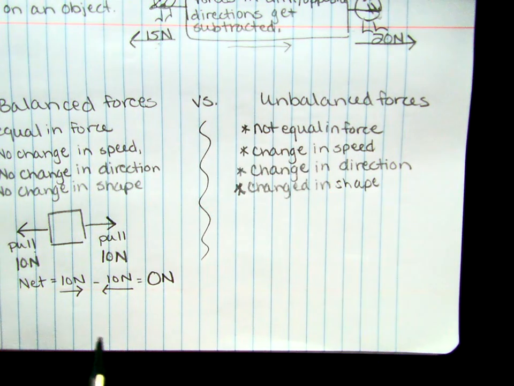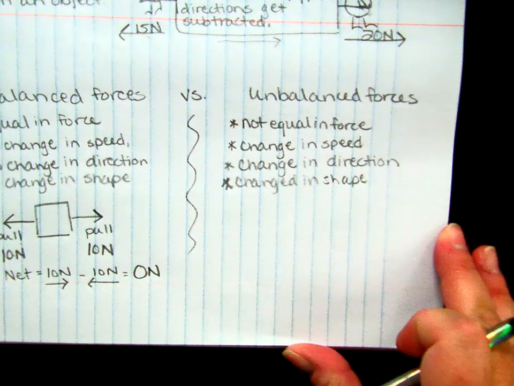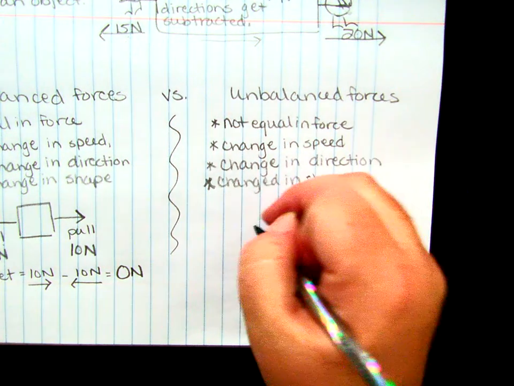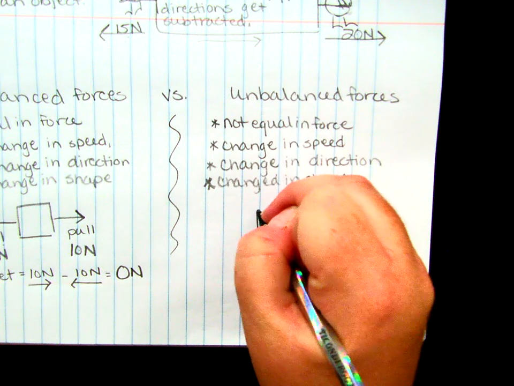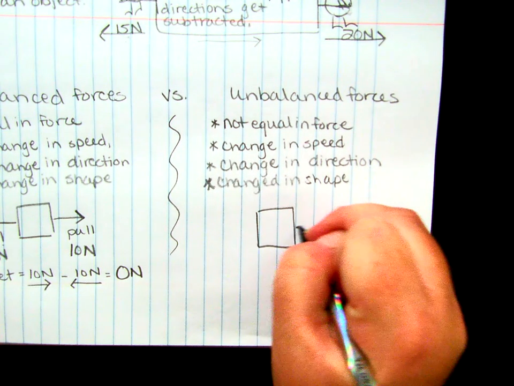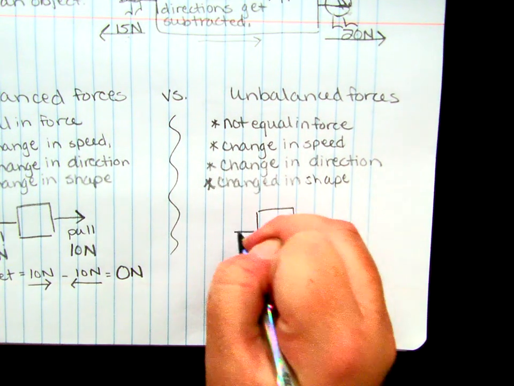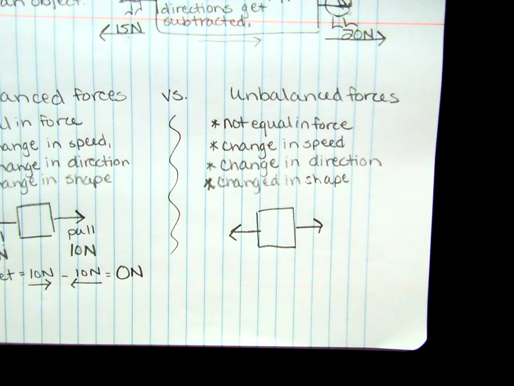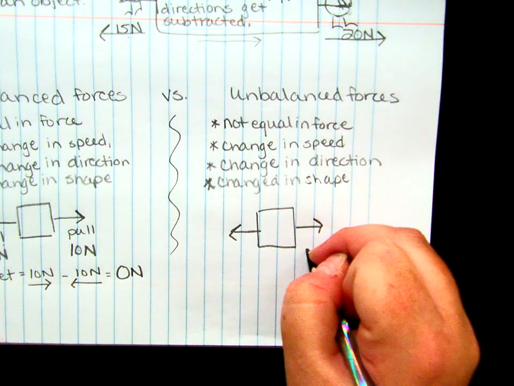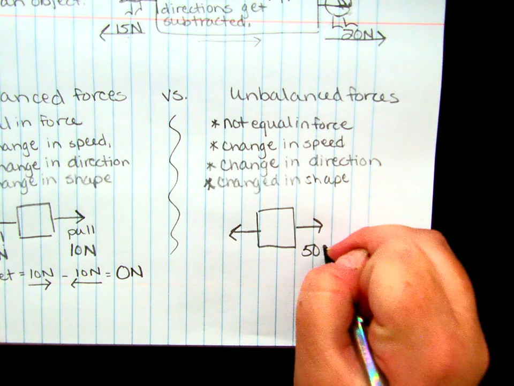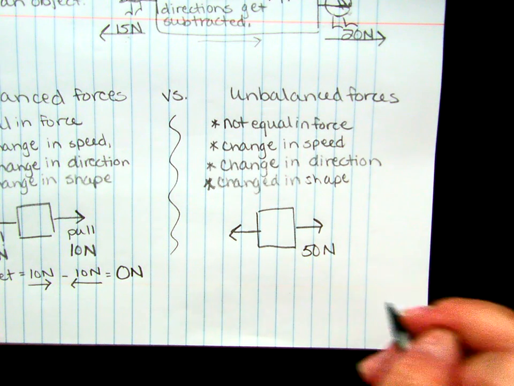Now, on our unbalanced force picture here, let's draw our box. Again, they can both be pulling against each other. And let's say we have 50 newtons of force over here, but on this side we have 70 newtons of force.